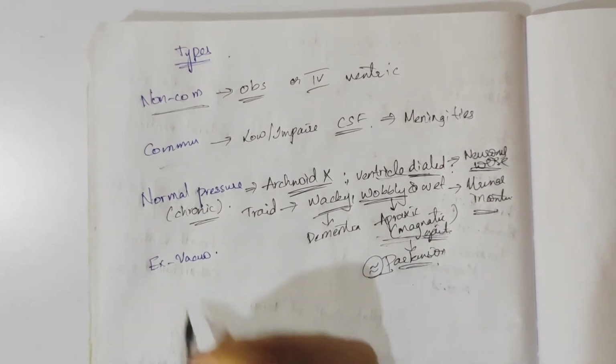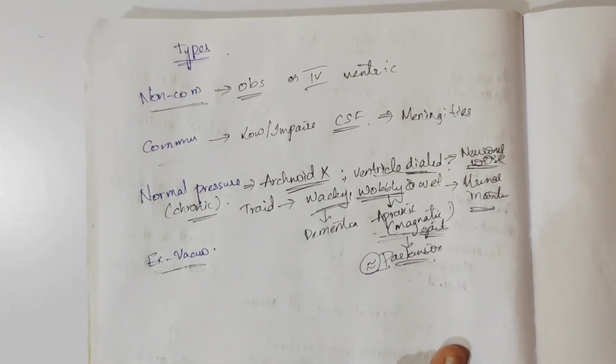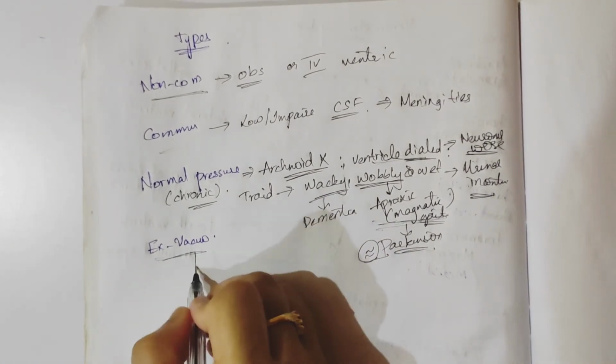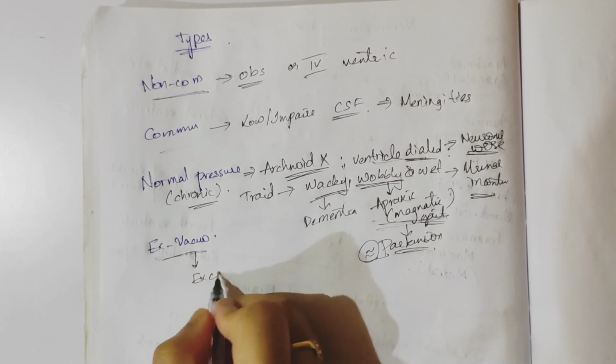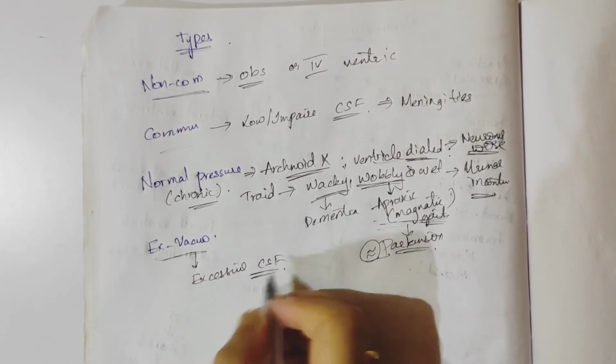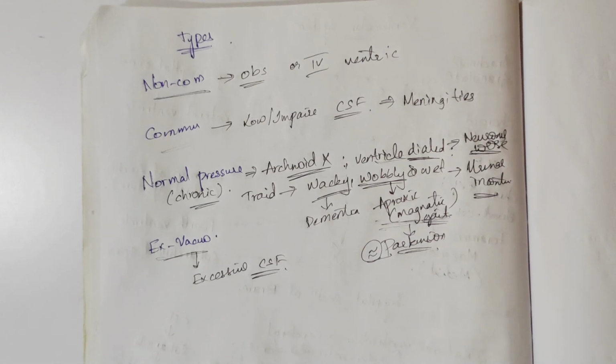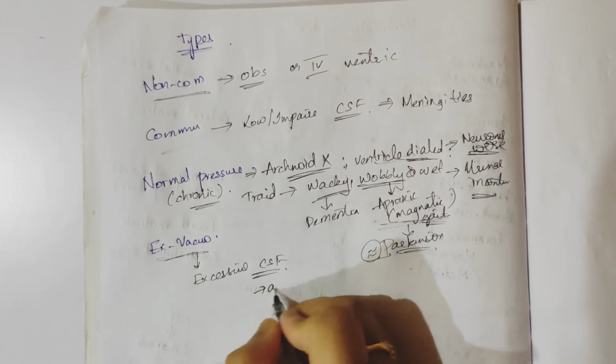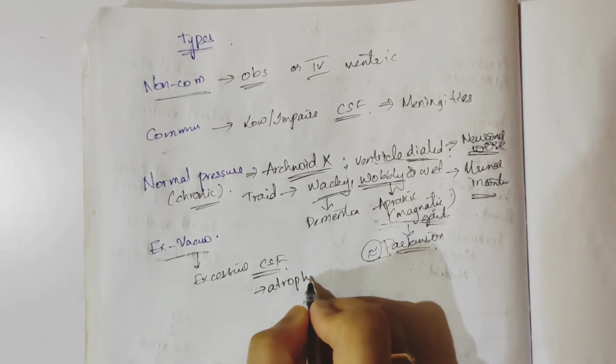So next one is ex vacuo. This is nothing but excess of CSF space. We can see the loss of brain tissue due to atrophy and stroke.